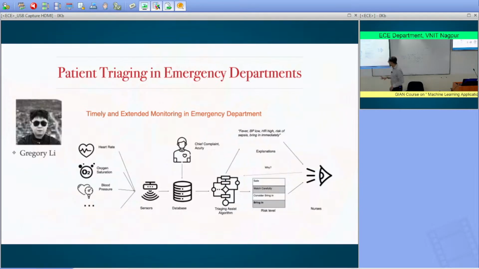What Gregory did was he, along with a nurse, Julie Lockington, Gregory and Julie, they had about 150,000 data points from different patients. They manually labeled 15,000 of those patients. Okay? So a label for this data, so for instance, heart rate, oxygen saturation, blood pressure, right?